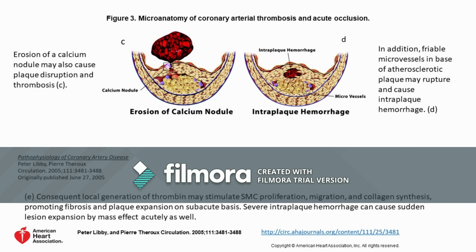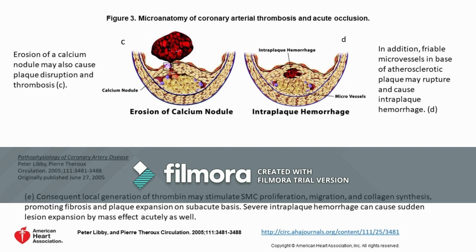On the right side, we see the picture D, and in addition to the microanatomy of coronary arterial thrombosis and acute occlusion, you see that friable microvessels in the base of the atherosclerotic plaque may rupture and cause intraplaque hemorrhage, leading to a thrombosis.